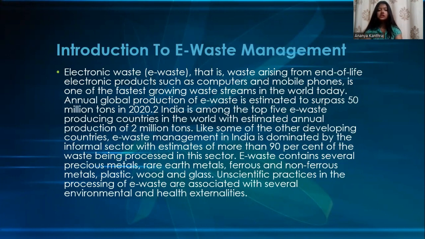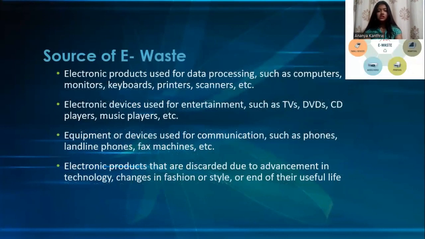E-waste consists of several precious metals, rare earth metals, ferrous and non-ferrous metals, plastic, wood, and glass. Unscientific practices in processing of e-waste are associated with several environmental and health externalities. So what is the source of e-waste? Electronic products used for data processing such as computers, monitors, keyboards, printers, etc. are one source of e-waste.